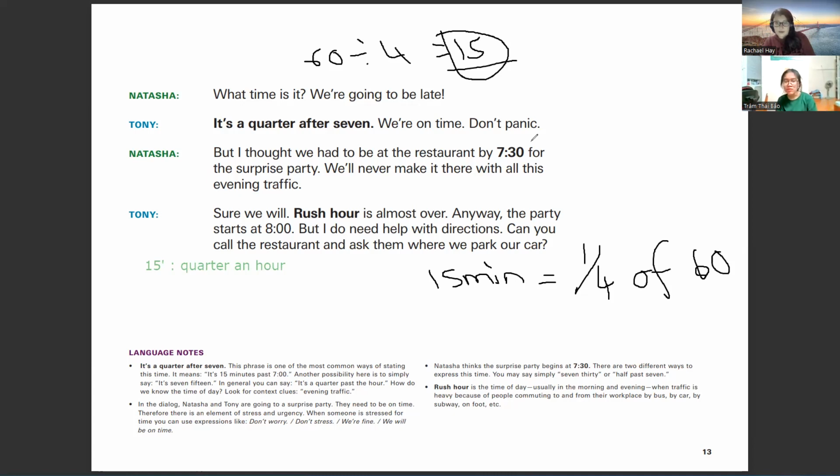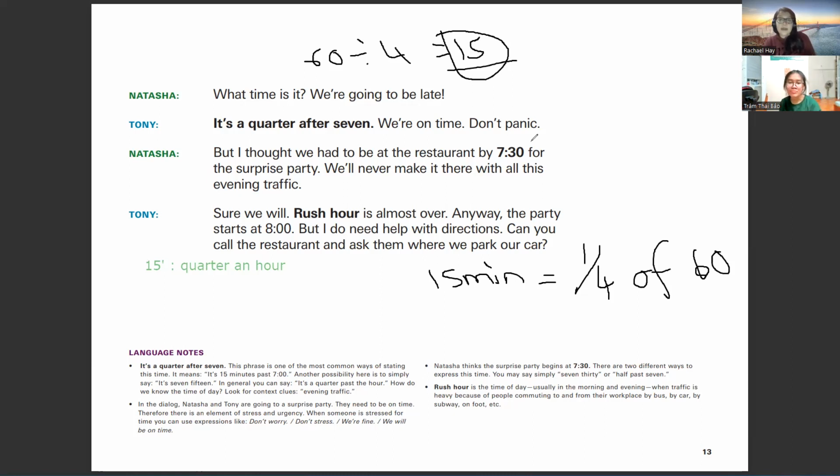I don't want to say the time, I want to say how long we do something. Okay, so 15 minutes past the hour. You would have to say quarter past or quarter after, and then it would be the hour, because an hour could be any hour from 1 to 12.